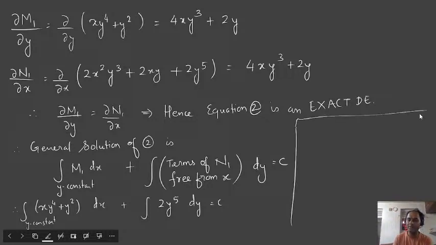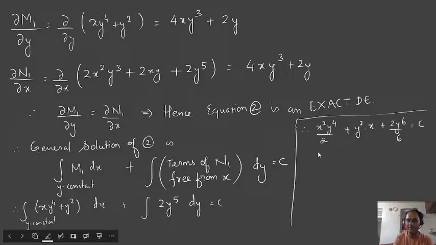Now let us see what happens. So solution over here is x square y raised to 4 over 2, plus y square is constant, so you have x there, and here you will have 2y raised to 6 over 6 equals to c.